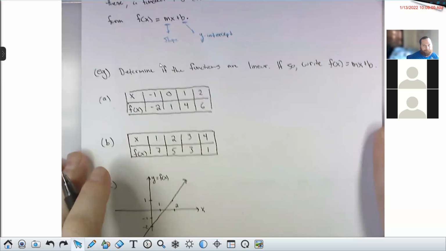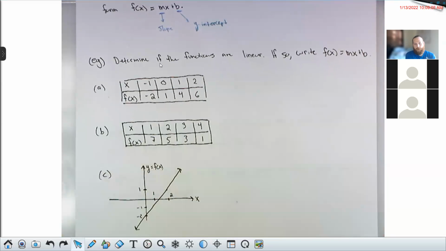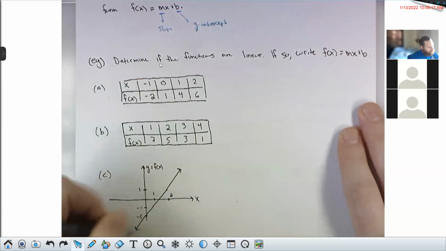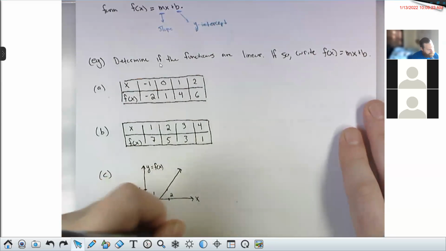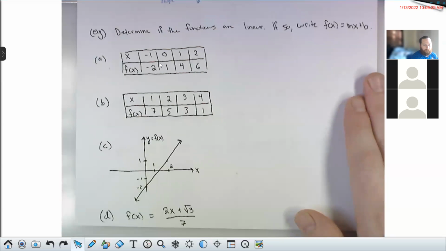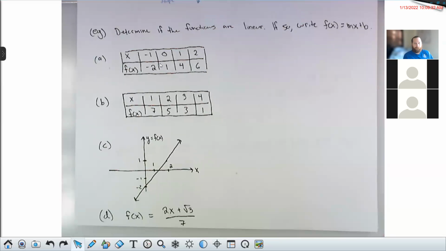So I've described for you 3 functions here. 2 of them are given as tables. One of them is given as a graph. Let me add a 4th. All right, 4 functions now. I want you to tell me whether each one is or is not linear. If the function is linear, I want to say how you can write it in this nice form: y equals mx plus b, f of x equals mx plus b.